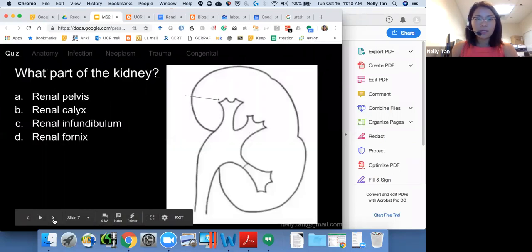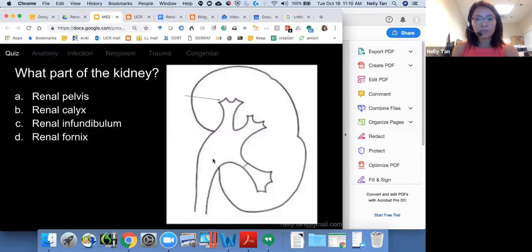What part of the kidney is the arrow pointing to? The renal pelvis, the renal calyx, infundibulum, fornix. Okay, we have people voting for calyces, fornices, mostly calyces. Great.